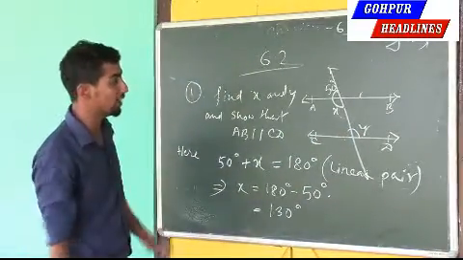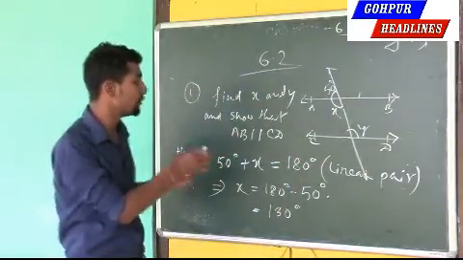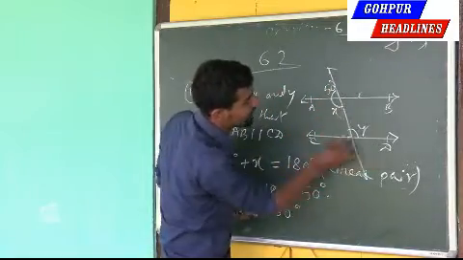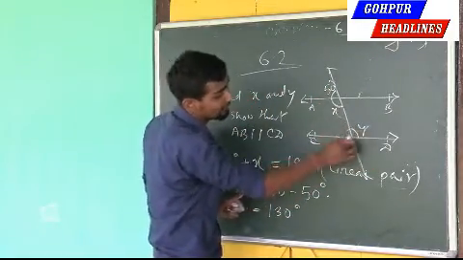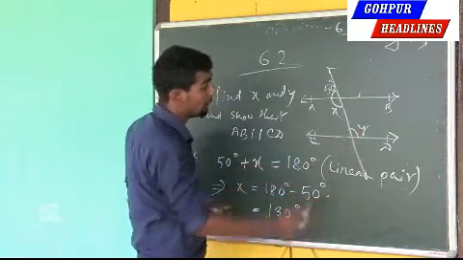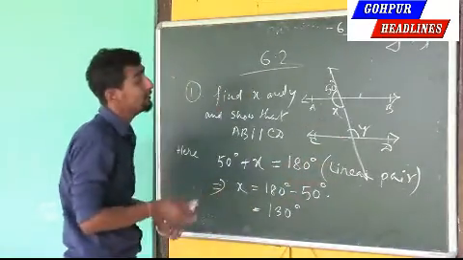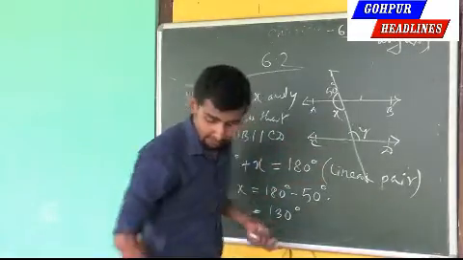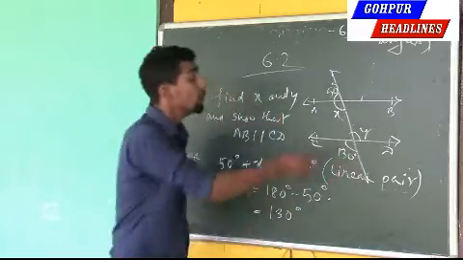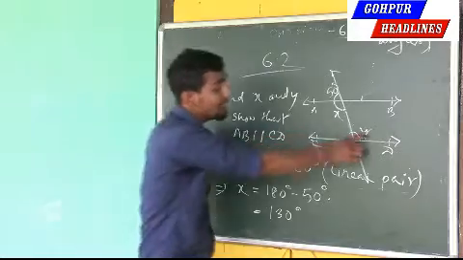Now how do we find this value? When these two lines intersect, this is a line and this is also a line, then this angle and this angle are vertically opposite angles.